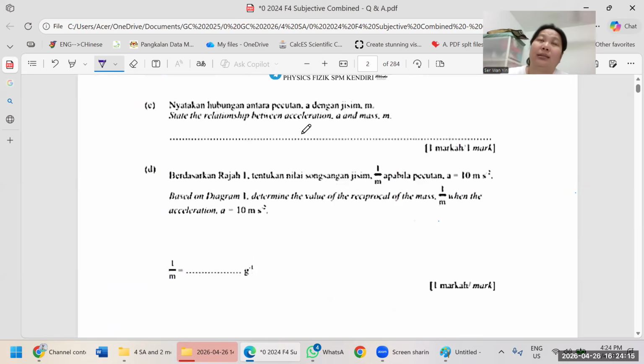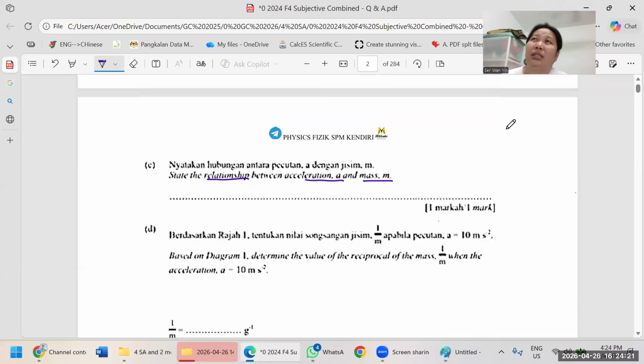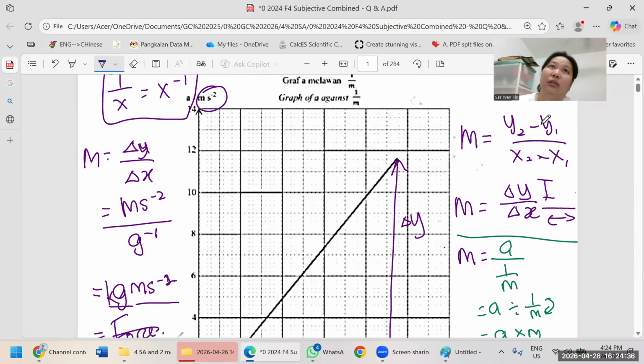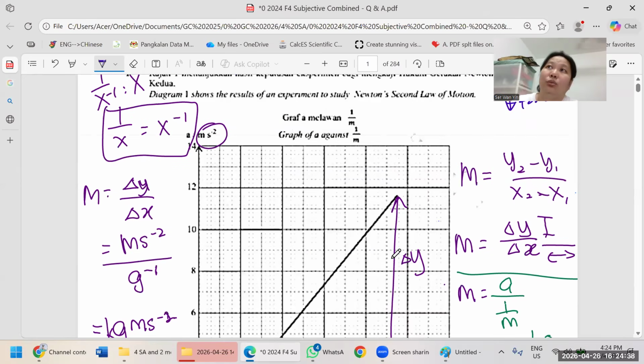Next, state the relationship between acceleration and mass. This one actually needs some knowledge from Form 5 Chapter 1 Maths, but you can also do it now. How to do this?